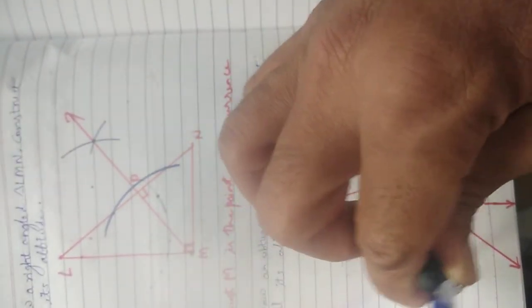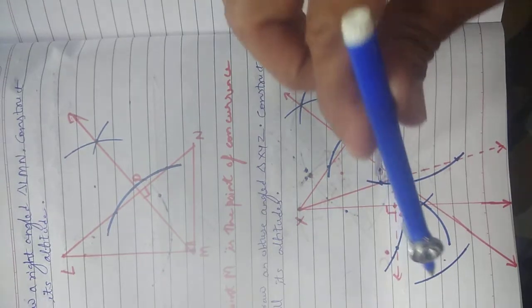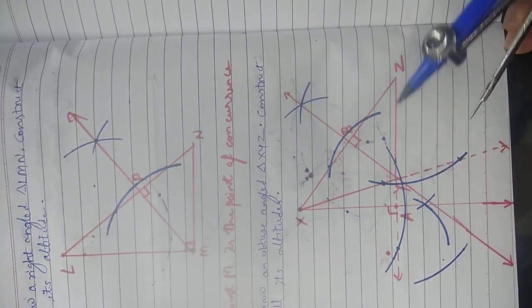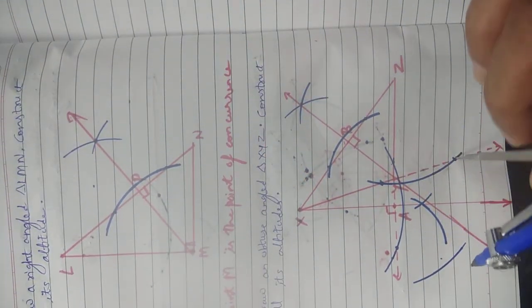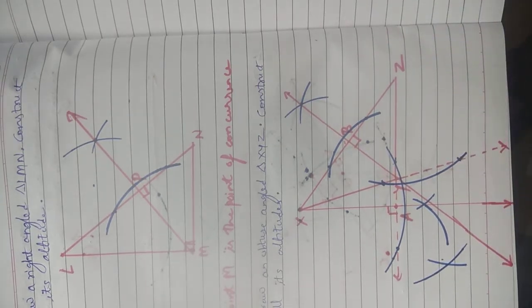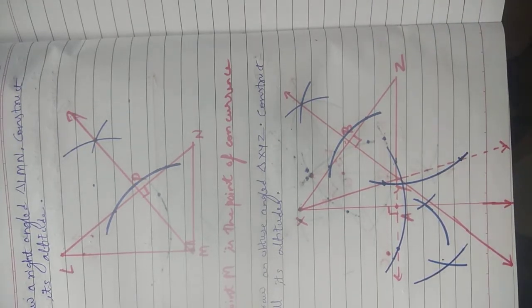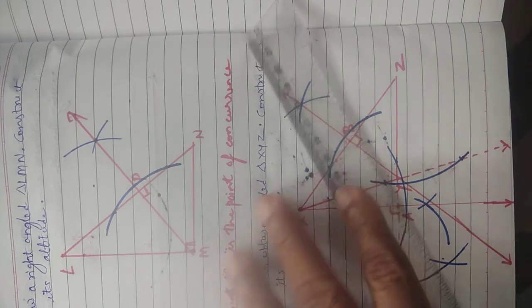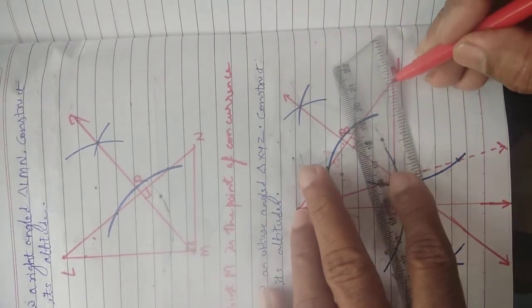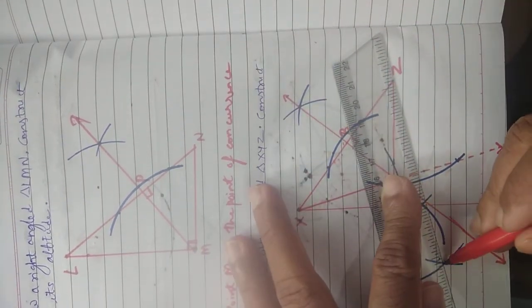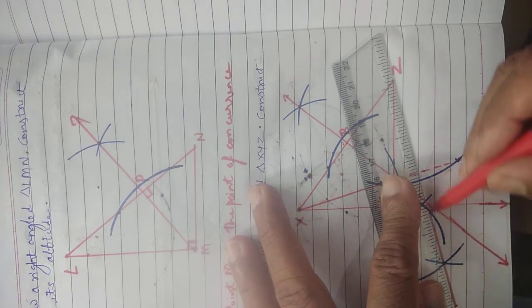Okay, see, this is the first point. I have drawn one arc over here. Okay, this arc. And the second arc, again I will draw from this point. This is the second arc intersection. Okay, so now join this point Z to this point of intersection of the two arcs.